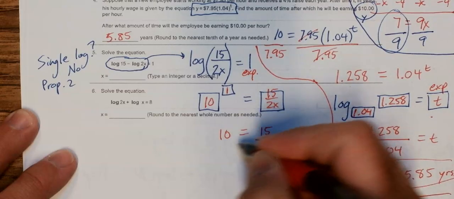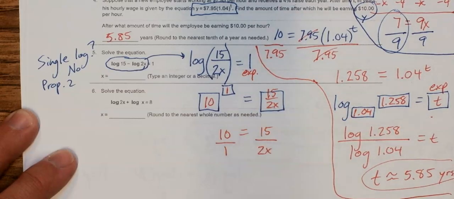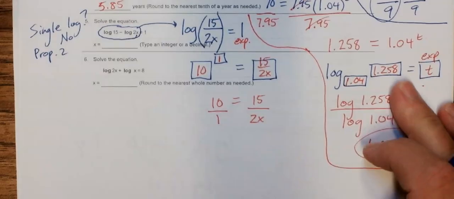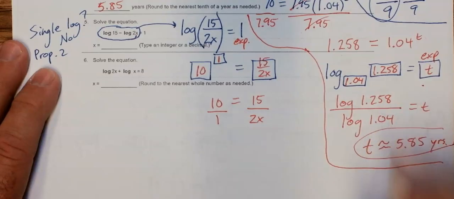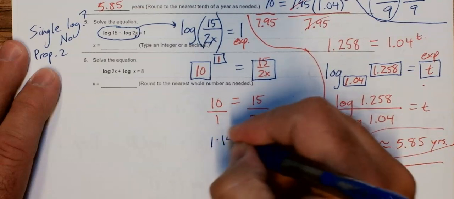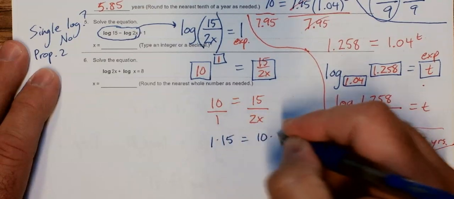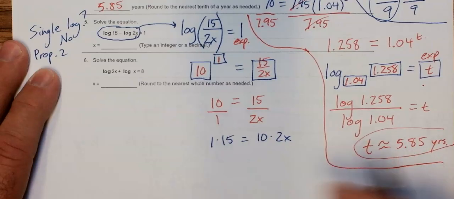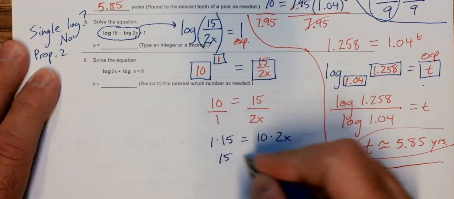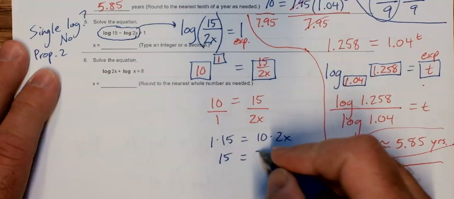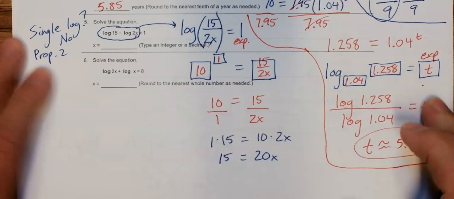And anything can be divided by 1, so you can clearly write 10 as 10 over 1. The reason I do that is so that you see that it's a proportion, and how do we handle every proportion in the universe? Cross multiply 1 times 15 and 10 times 2x. 1 times 15 is pretty easy, 15, and 10 times 2x is 20x.